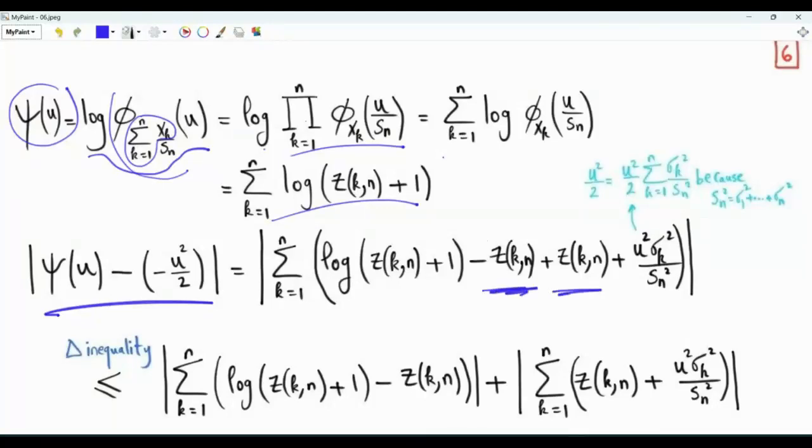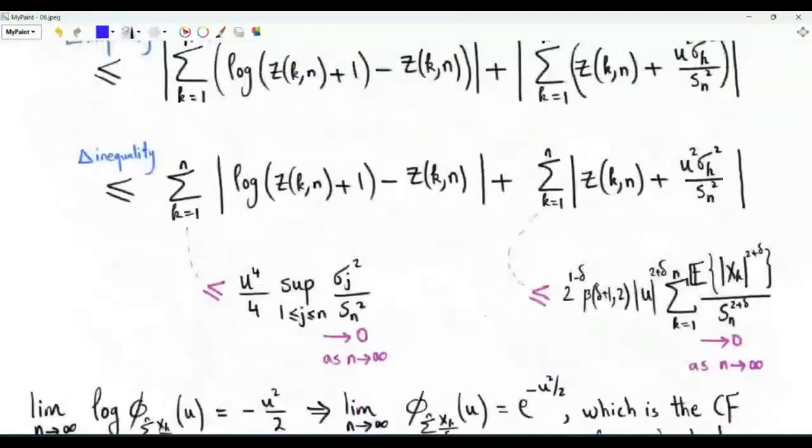We subtracted zk comma n and added it, and we joined this to the summation. We split this magnitude into 2 magnitudes by employing the triangle inequality. Then for each one of those guys, after applying the triangle inequality again, we did further upper bounding, and we obtained quantities in the upper bound that go to 0 as n tends to infinity.